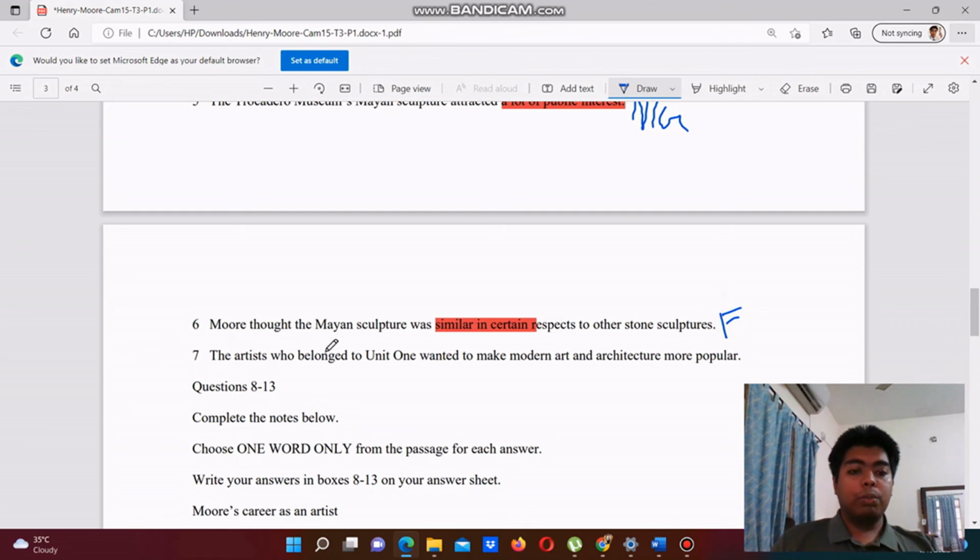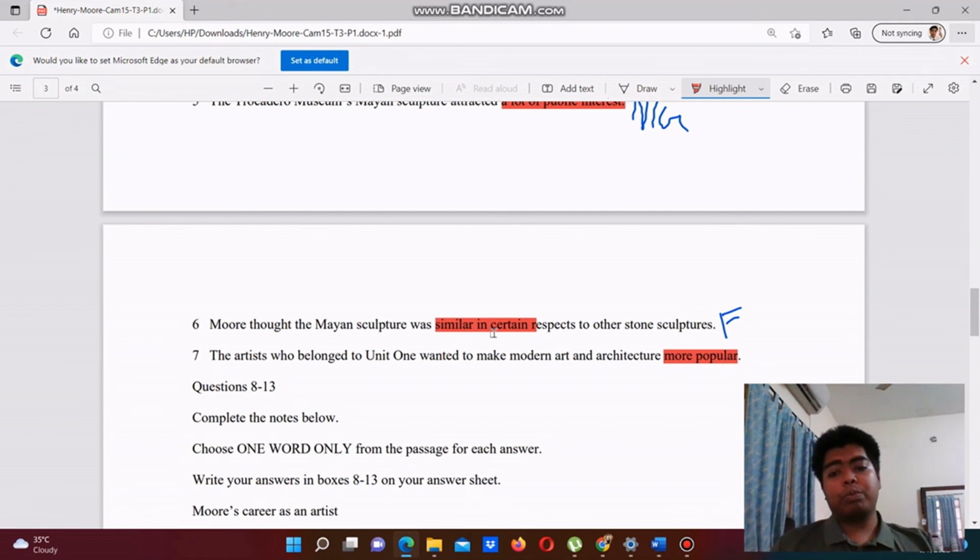The artists who belonged to Unit 1 wanted to make modern art and architecture more popular. In here, the important phrase or verb is to make modern art more popular. So if the artists of Unit 1 wanted to make it viral or more popular, then it will be true.